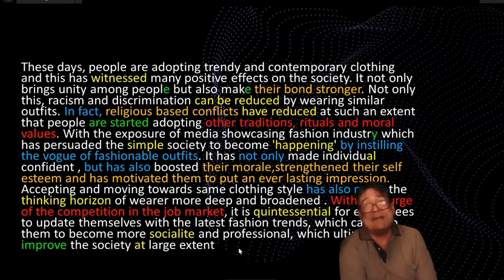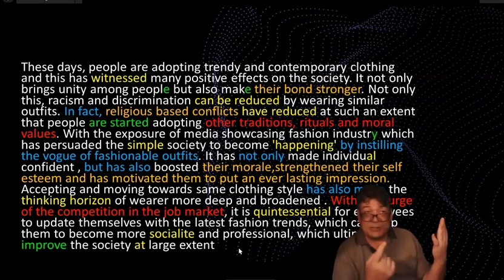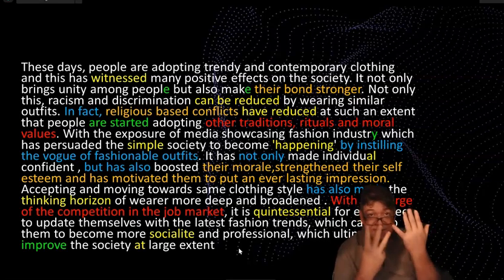How many ideas are in this paragraph? Unity, racism, religious, adopting different cultures, people becoming happening, self-confidence, expanded thinking horizons, and better employment prospects. 8 ideas.